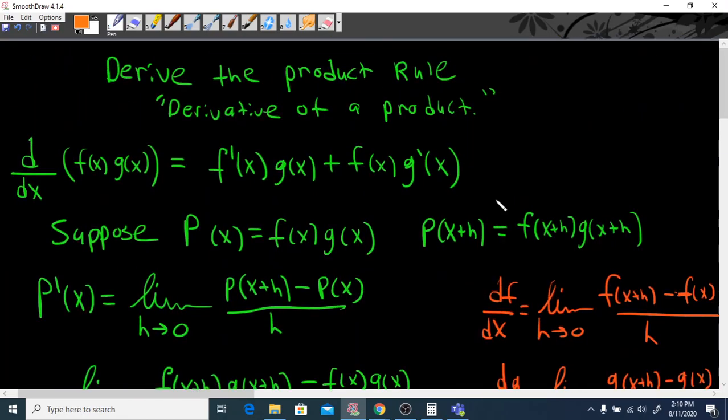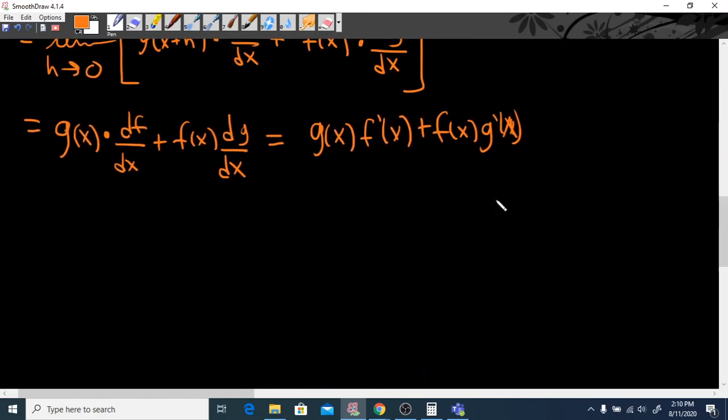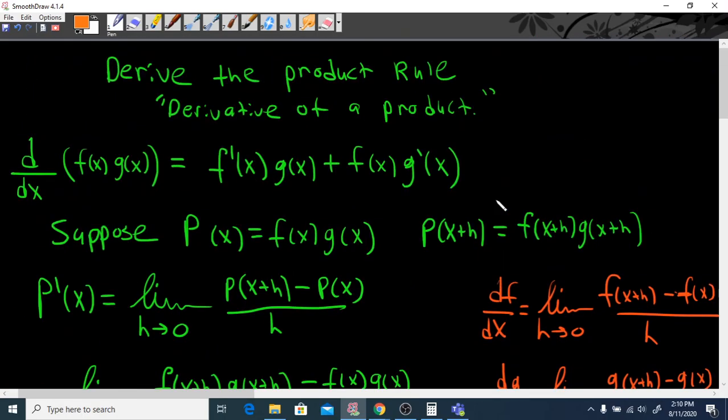There we go. There is the proof of the product rule. Awesome. So we'll do some examples next time.